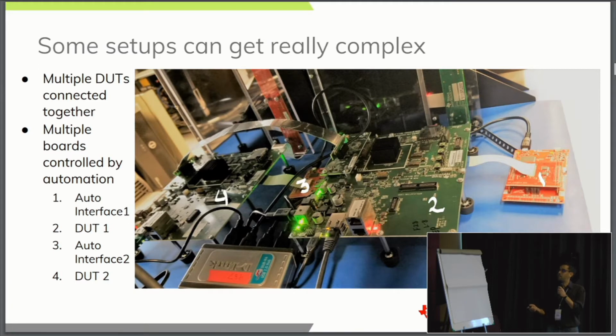These two little boards here are just helper boards that we call automation interface, and they control multiple things on the EVMs like power, boot mode switches, resetting the board, measuring power, etc. And in this case, you can see this ribbon cable connecting the two PCI boards. One board is acting as a PCI root complex and the other as the endpoint.